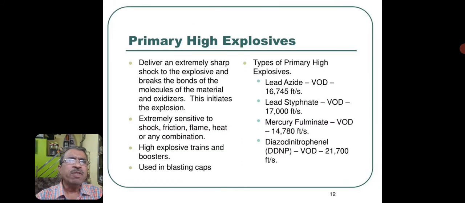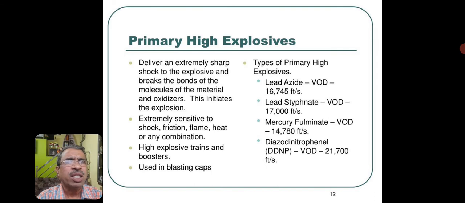Primary explosives, as I have said, lead azide, lead styphnate, mercury fulminate, have VOD values, that is, the distance they travel from the initiation. Lead azide has a VOD of 6,745 feet per second.